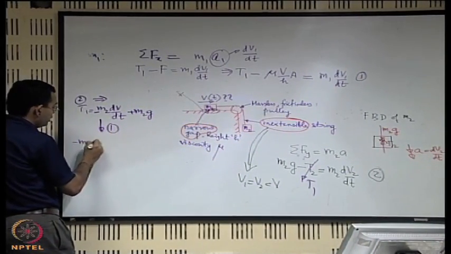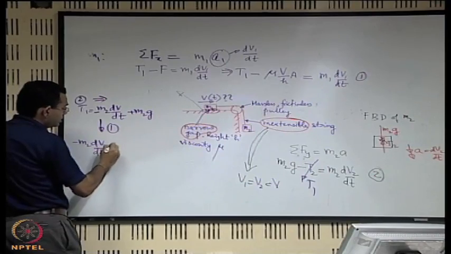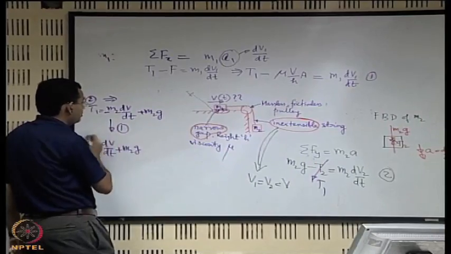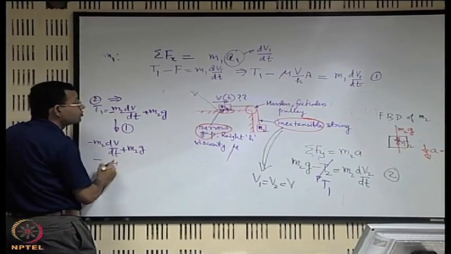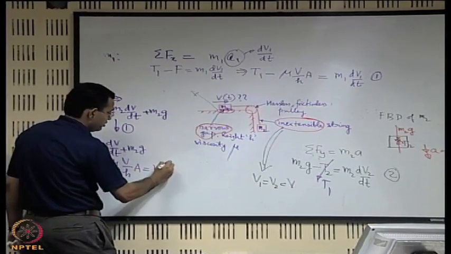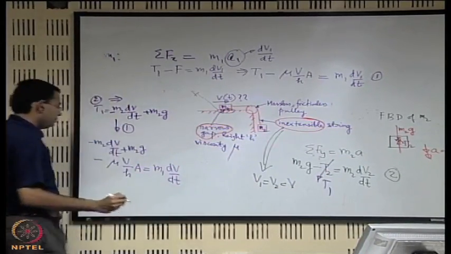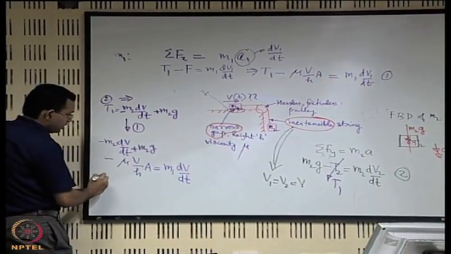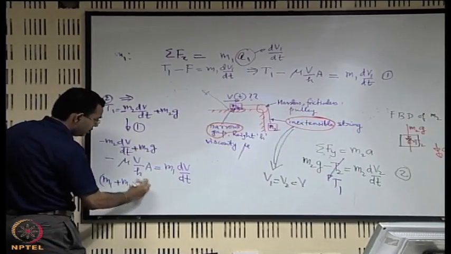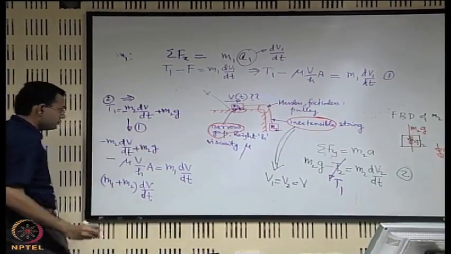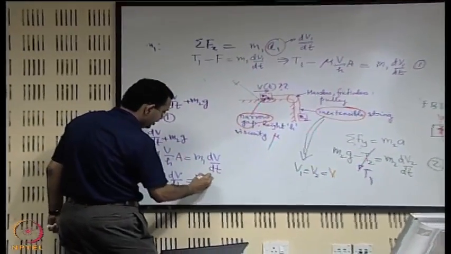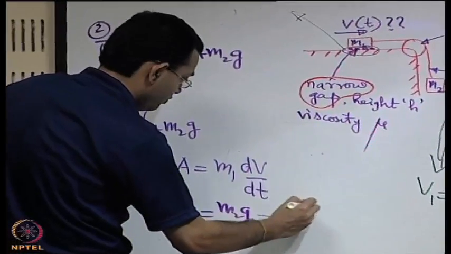So minus M2 dV/dt plus M2g is equal to, that is T1 minus mu V A by H, is equal to M1 dV/dt. So you have (M1 plus M2) dV/dt is equal to M2g minus mu V A by H.